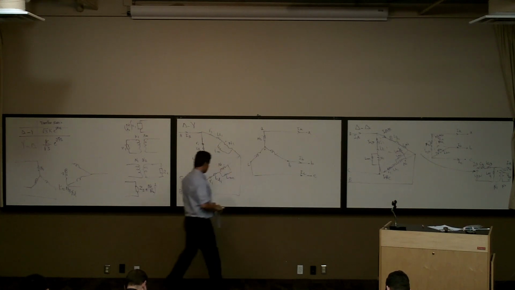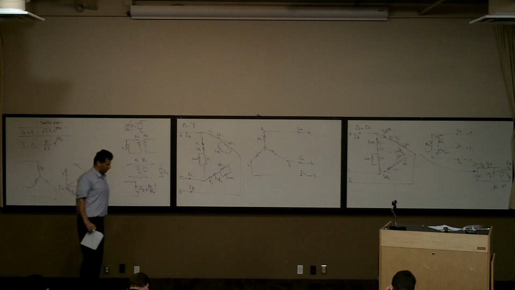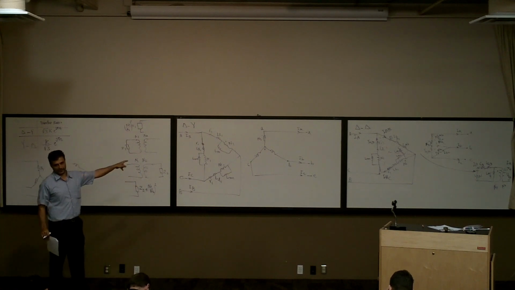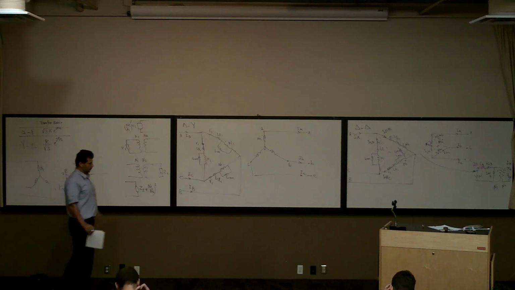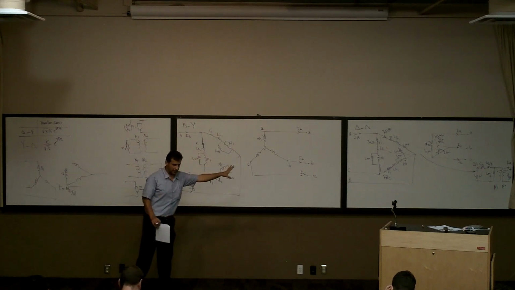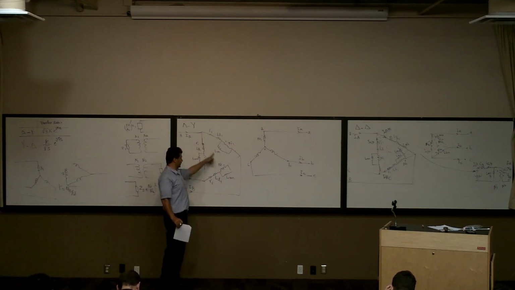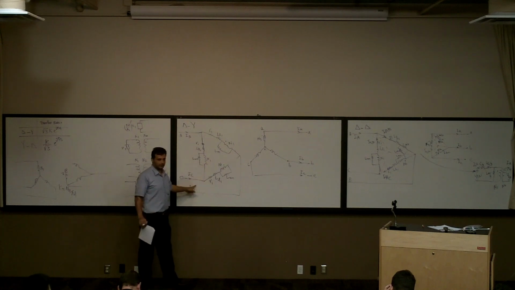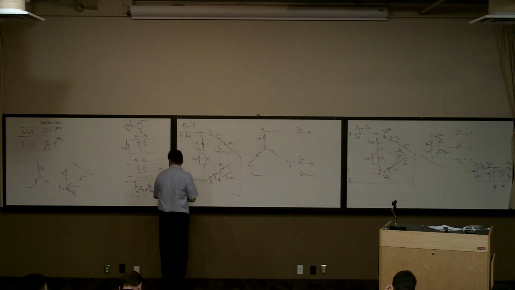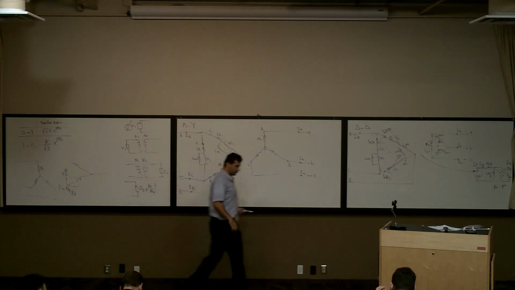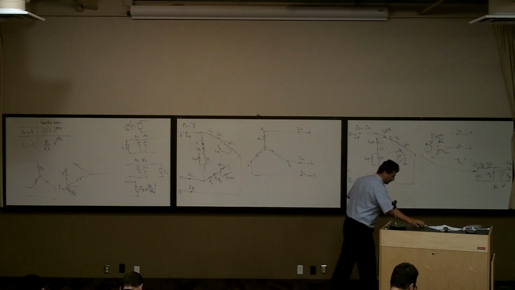Now, look at it. I want to draw a single phase circuit for this system. So if I want to draw the single phase system, I should convert this one to a star, right? If I convert this one to a star, what is going to happen to the impedances?